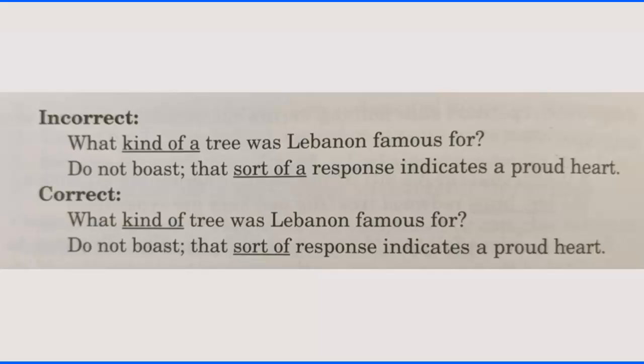What kind of tree was Lebanon famous for? Do not boast. That sort of a response indicates a proud heart. You just say that sort of response indicates a proud heart. And there may be times where you really need that article adjective, so I would encourage you to say your sentence aloud so that you can make that determination about whether you would need it or not.